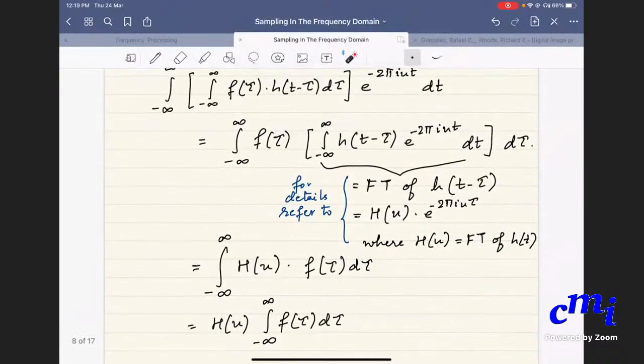So let's assume that we know this, that it is equal to H of u times this.